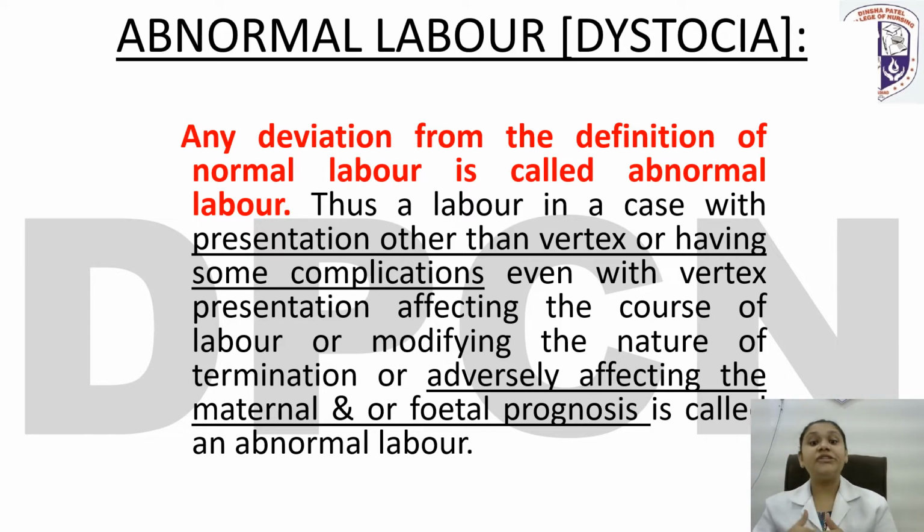Or modifying the nature of the termination, where we have to go for a cesarean section, forceps or ventouse delivery, right? So that is also modifying the nature of the termination or adversely affecting the maternal and fetal prognosis. That is called abnormal labor.